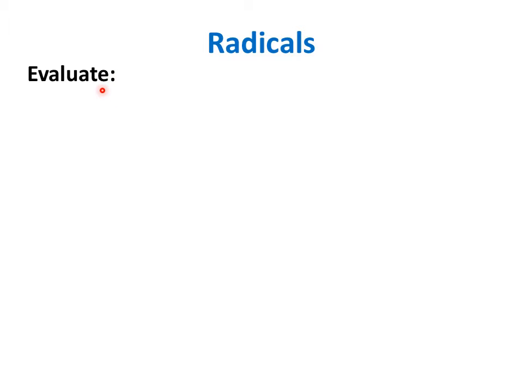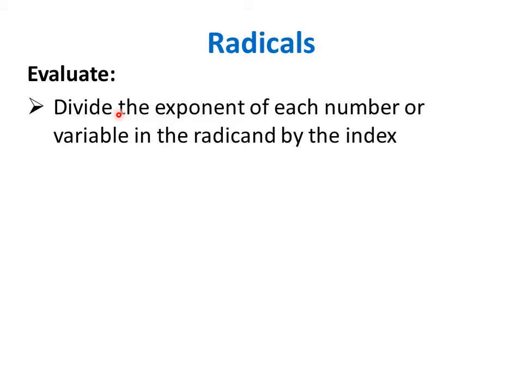Now, how do we evaluate radical expressions, or how do we get the indicated root? First, we simply divide the exponent of each number or variable in the radicand by the index. So we have to consider each number or variable separately.